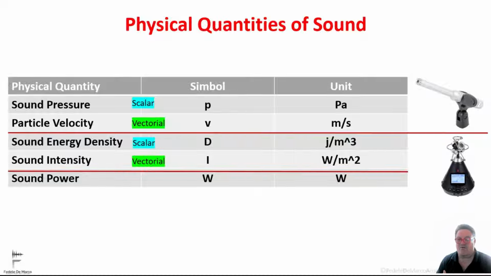Particle velocity is the velocity of particles, as the name says. Remember the first image, the image of the tube and the wavefront that moves in the pipe, and the movements of the red particles, that you have seen in a slide of the previous first part. Particles move locally a few millimeters, if you remember.